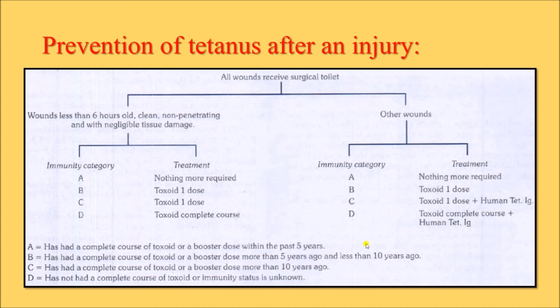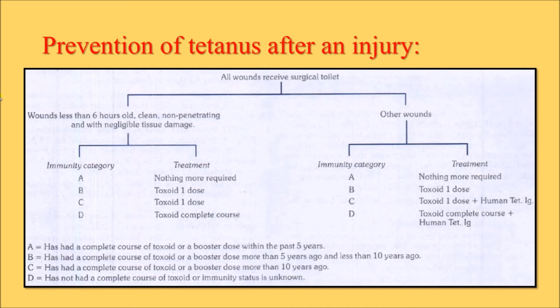Now if he received the booster dose or the tetanus toxoid complete course 10 years or earlier, in that case he should receive only 1 dose, that is the booster dose, as well as human tetanus immunoglobulin. If the person does not remember anything about previous immunization, or maybe he remembers that he took incomplete course of the tetanus toxoid, in that case the complete course, that means the 2 doses at 1 month interval, should be given along with the human tetanus immunoglobulin.